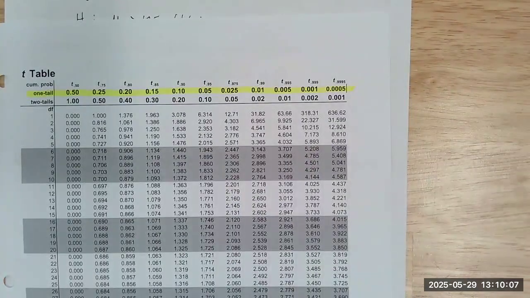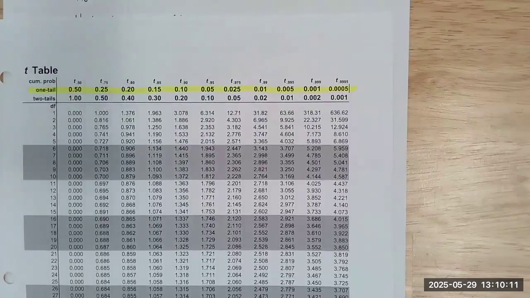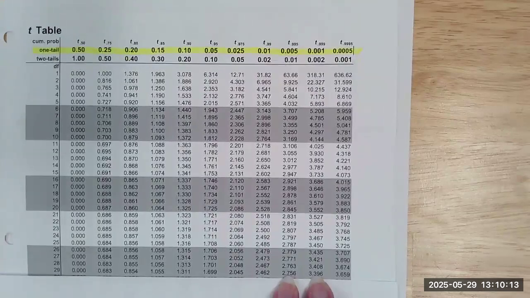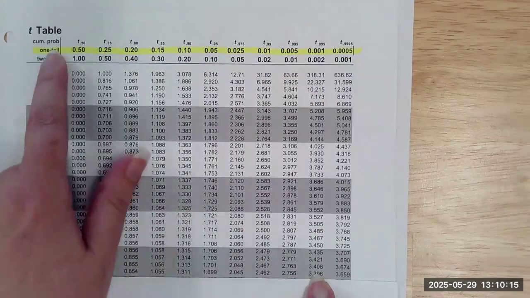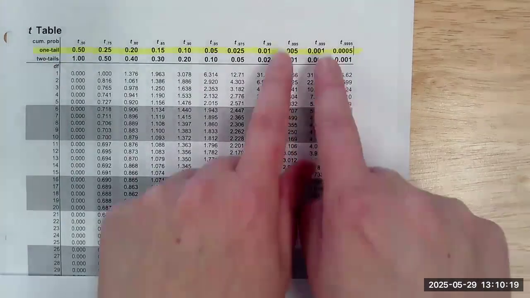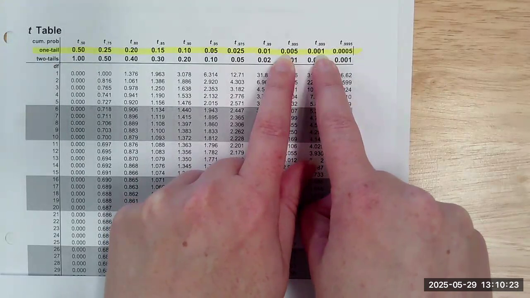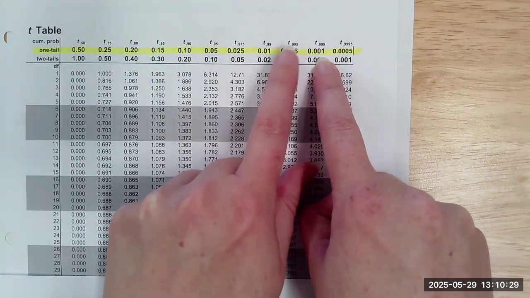This is a 1-tail test. So if it's a 1-tail test, and when we come up between these two numbers down here, I'm going up to the line that has 1 tail on it, not 2 tail. So I'm going up to those two numbers right there. So you're going to say that your p-value is bigger than 0.001, but it's smaller than 0.005.